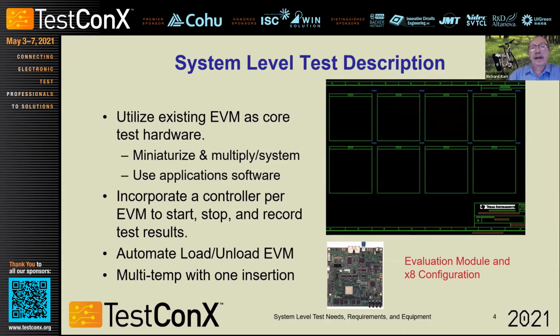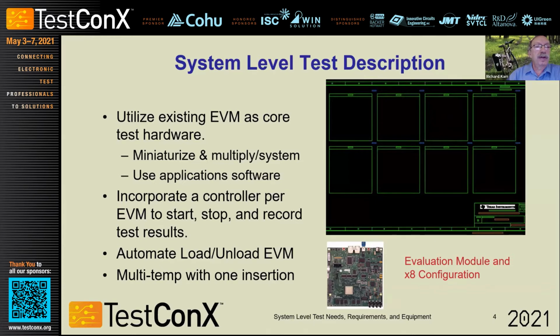And we decided we needed a dedicated controller function for each EVM, and put all these together as system requirements. We added the dedicated controller function to enable asynchronous site testing. Just because these tests are so long, we didn't want to have to wait the full test time to finish if there was a fail.